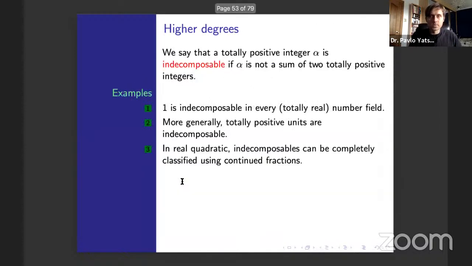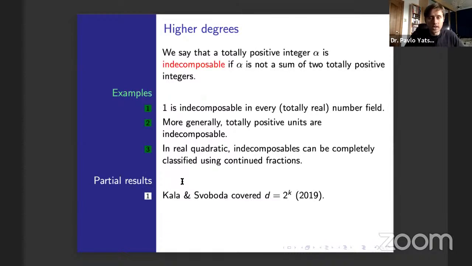And so what's happening in higher degrees? By higher degrees, I mean when we consider number fields of a higher degree. Well, in that case, we don't really understand indecomposables that well. Kala and Svoboda found some lower bounds for the number of variables in number fields of degree a power of 2. They were considering adjoining a lot of square roots to the number fields, so they get these multi-quadratic number fields.